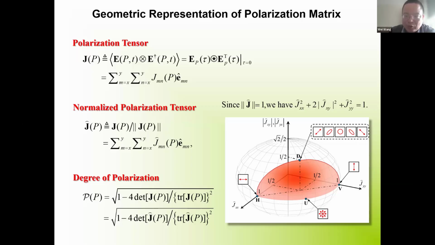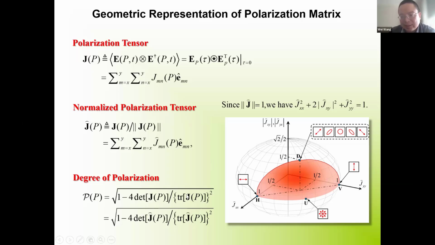The point H represents horizontal polarization, and the point V represents vertical polarization. Several different states of polarization occupy the same position, such as the point D. Linear polarization or elliptical polarization with its main axis along 45 degrees or 135 degrees share the same position on this ellipsoidal surface.